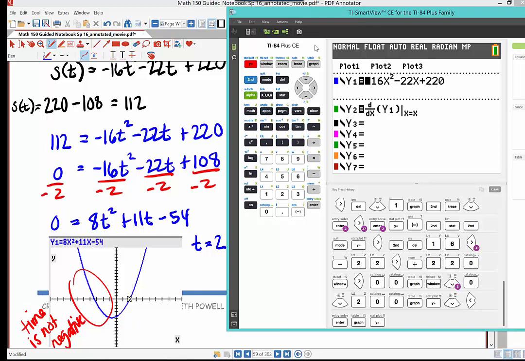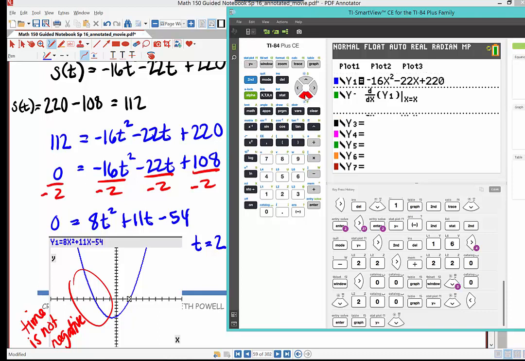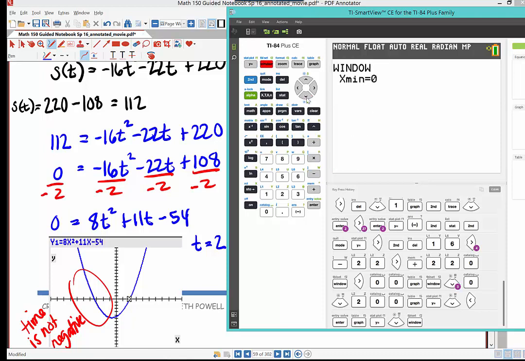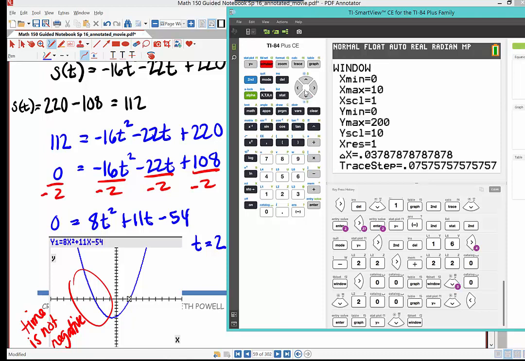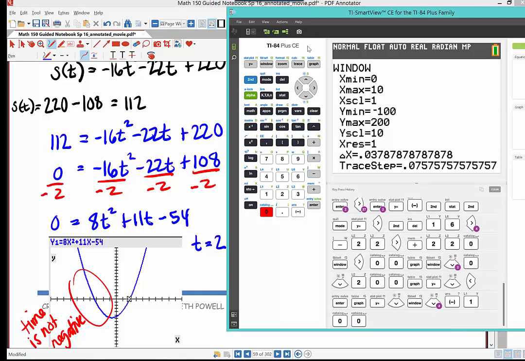Oh, you know why? Because we need to have negative values for our derivative graph, right? So let's go to our window, and we will keep y. Forgot about that. For our derivative graph, we need that. So let's put y at, I don't know, negative 100 for the minimum and see what we get.